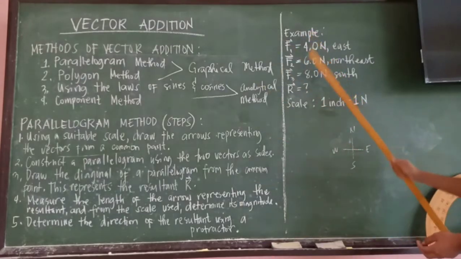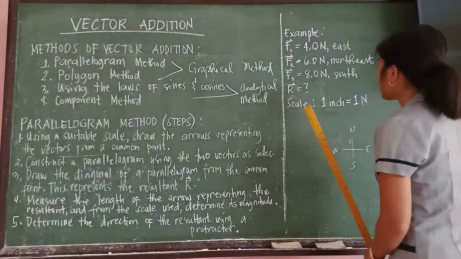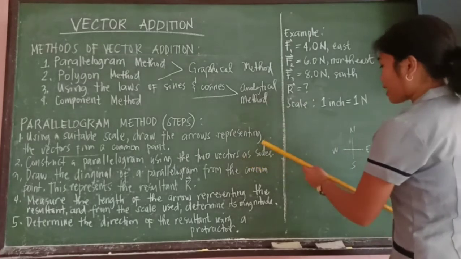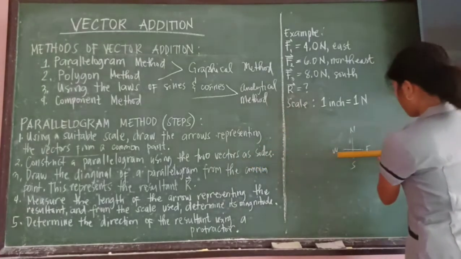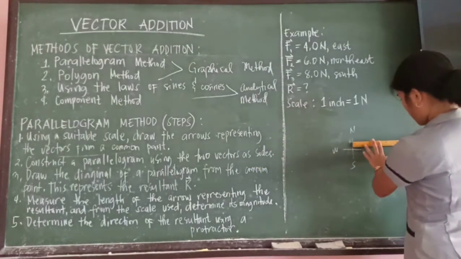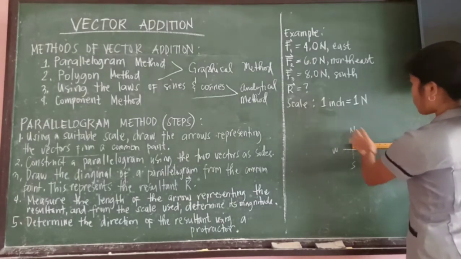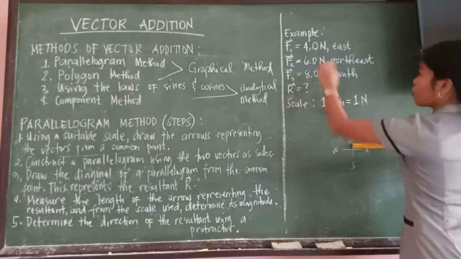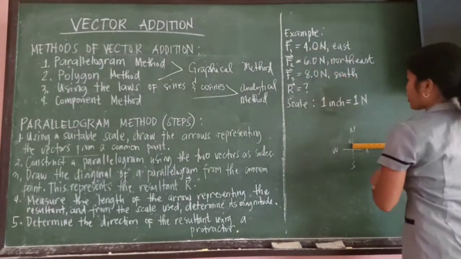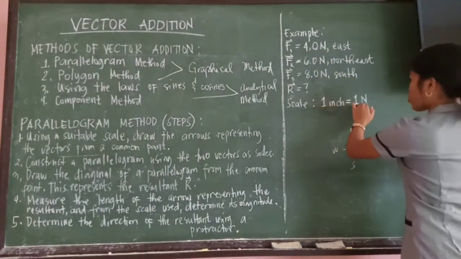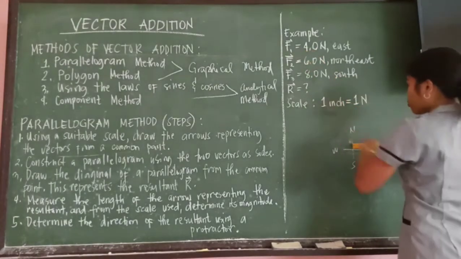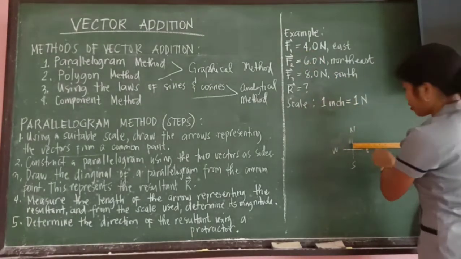Our first given is 4.0 newtons directed east. Since I'm using inch, I am going to measure how many inches. Of course, we have 4 because 1 inch is equivalent to 1 newton. Since we have 4 newtons, I need to measure 4 inches here.